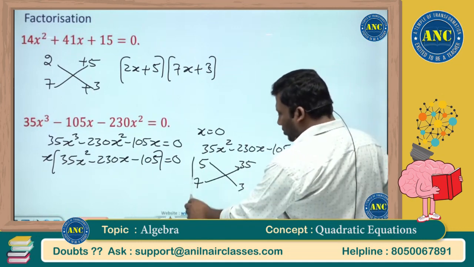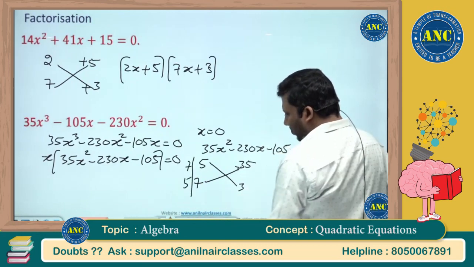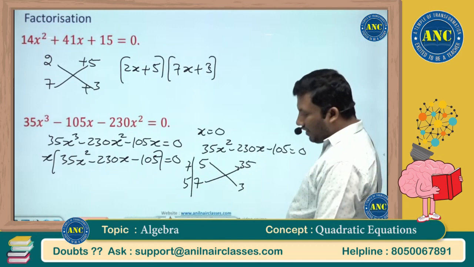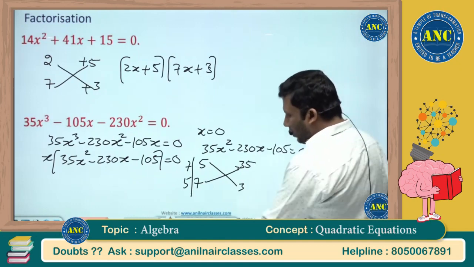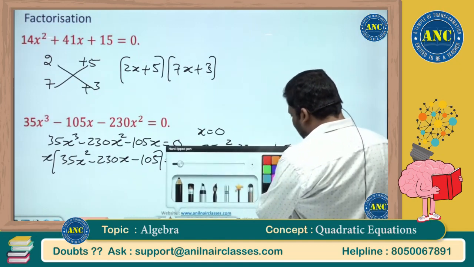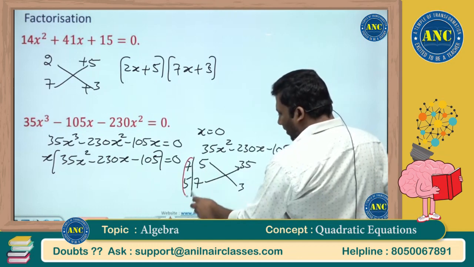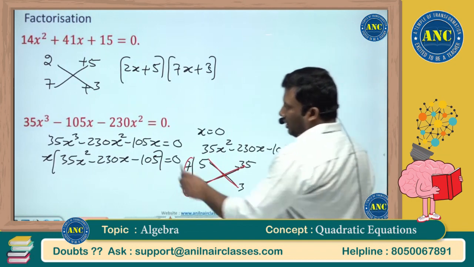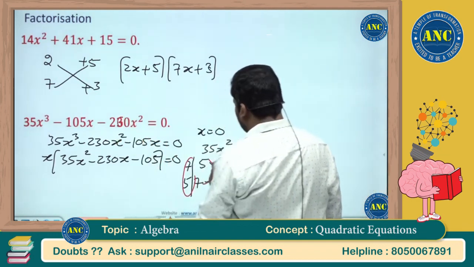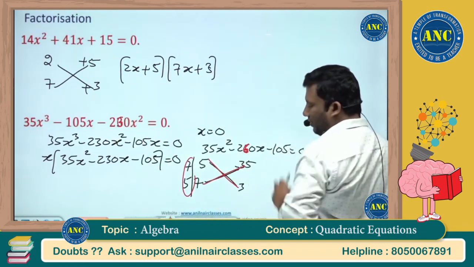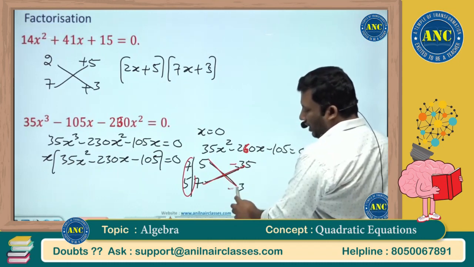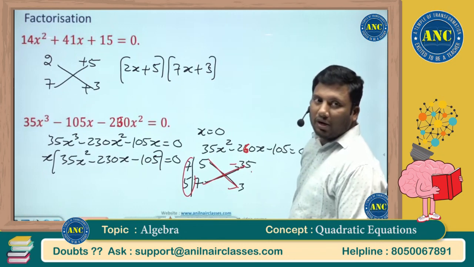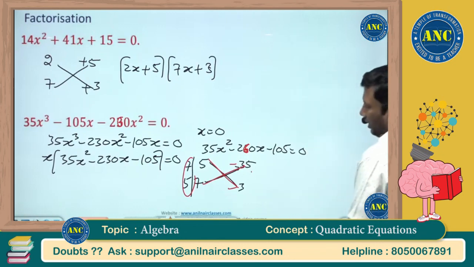So if I interchange 7 and 5, this will become 7 3s are 21, 5 35s are 175. So to get the answer, 245 plus 15 is 260. So we will replace 230 with 260. Directly we are getting the answer. Minus, so it is minus 245 minus 15, which is minus 260.